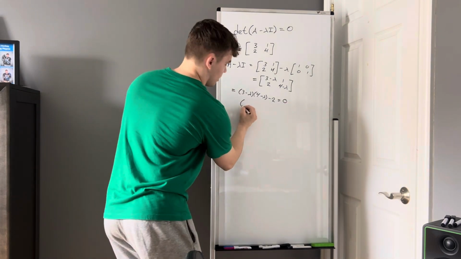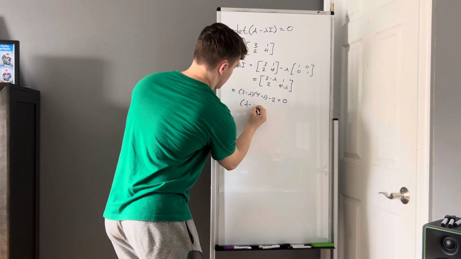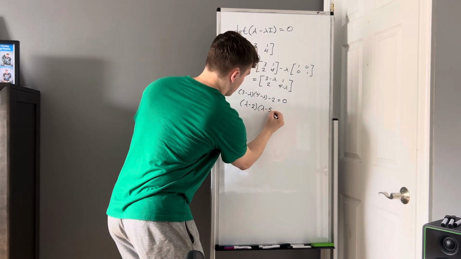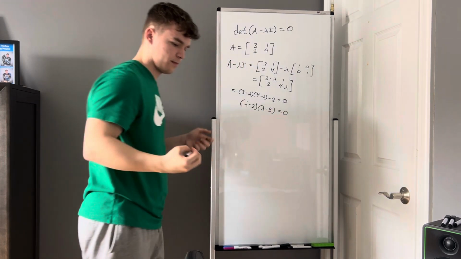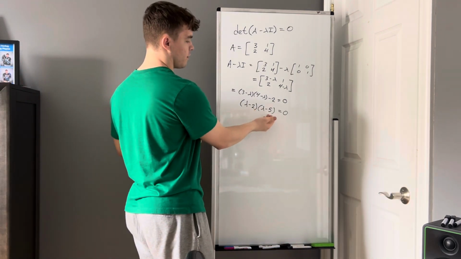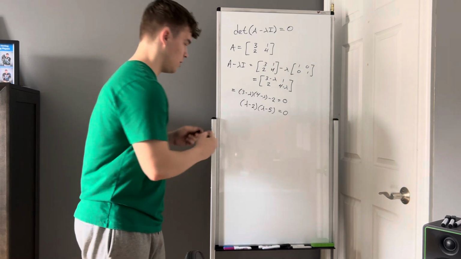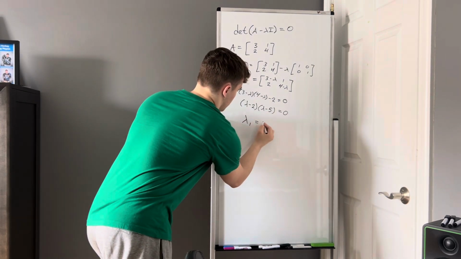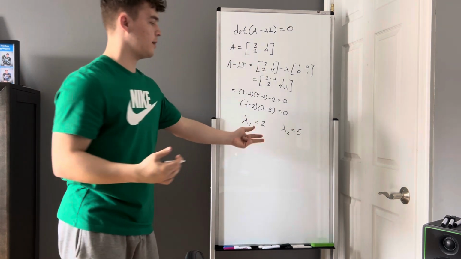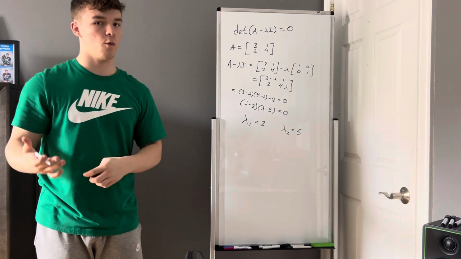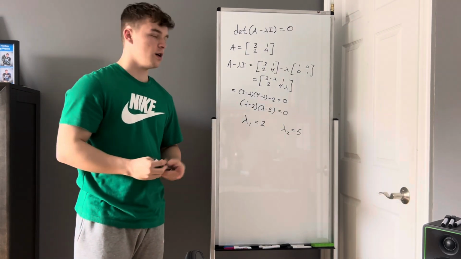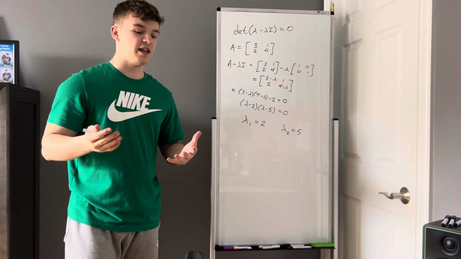What we're going to get is lambda minus 2 times lambda minus 5 equals 0. And what this tells us is that lambda can equal 2 or 5, of course. So lambda 1 equals 2 and lambda 2 equals 5. We don't want to say that lambda equals 2 and 5. We're going to say that lambda 1 and lambda 2 equal 2 and 5 respectively, because we want to be able to see that there's different ones.